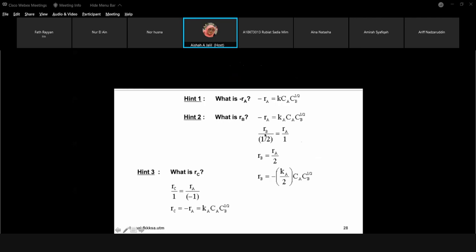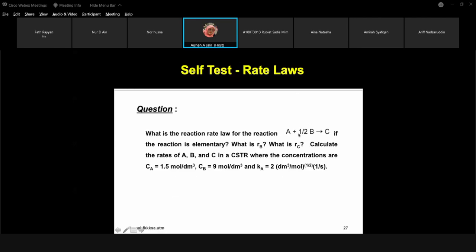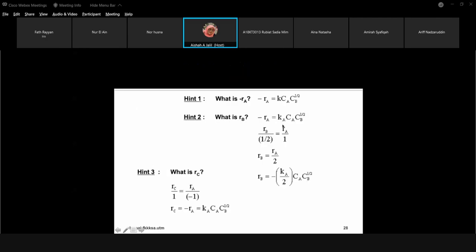For r_B, the stoichiometric coefficient, this must be minus because of the reactant. This is plus because of the product. So you remove the minus, and it becomes positive.